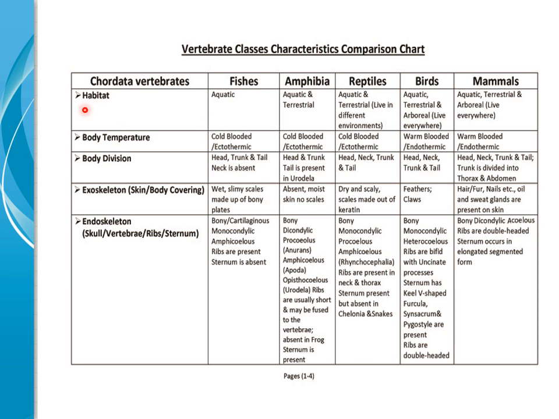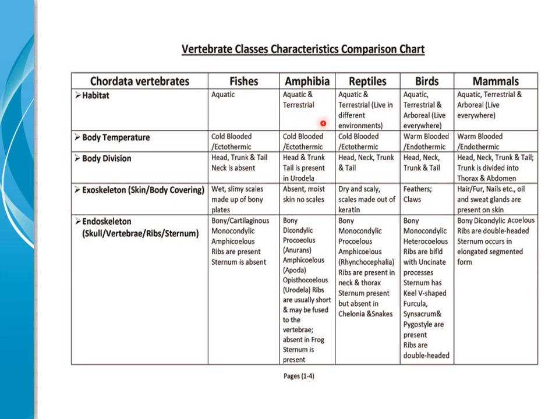To start with, I have taken habitat as the first thing for explanation. Fishes are exclusively aquatic. Amphibians, as the name indicates, are both aquatic and terrestrial.